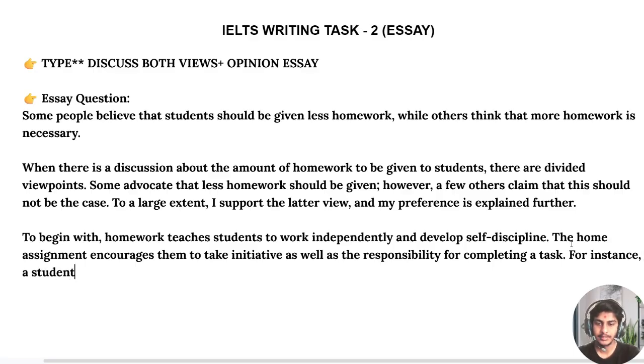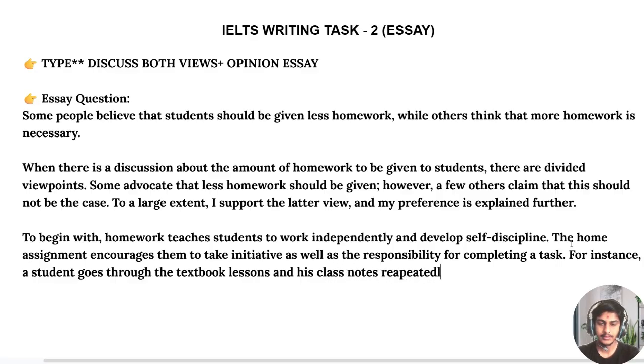For instance, a student goes through the textbook lessons and his class notes repeatedly while doing his homework.